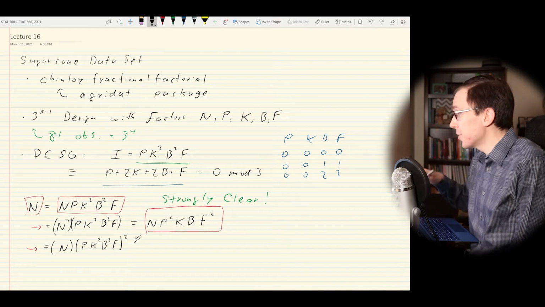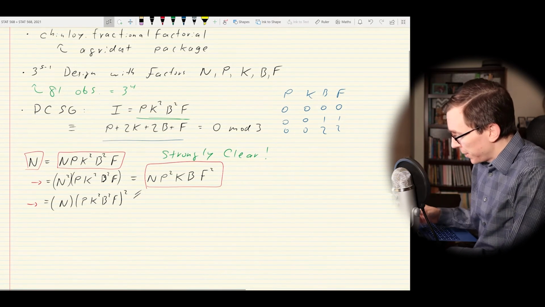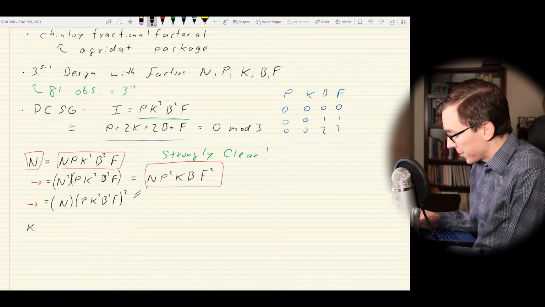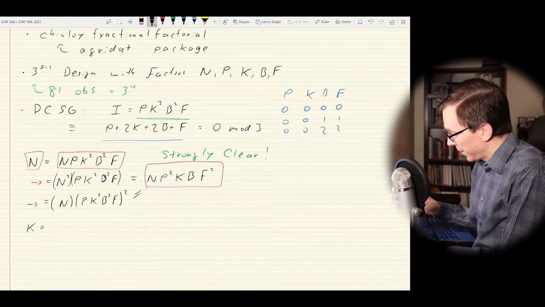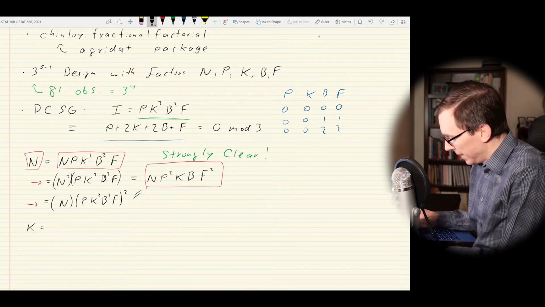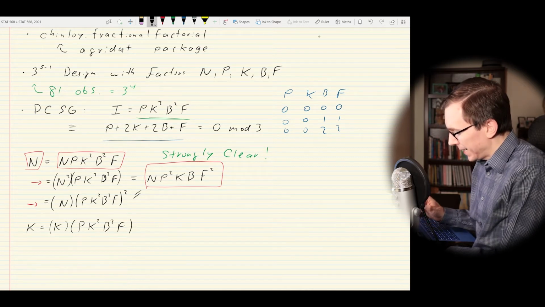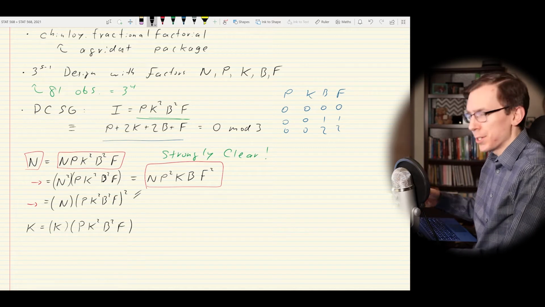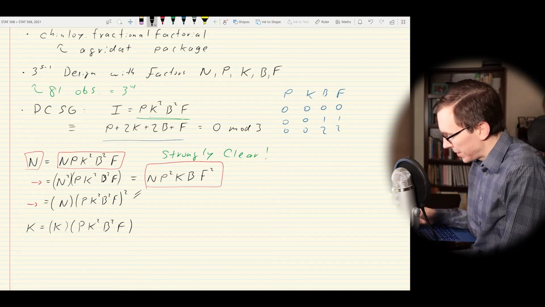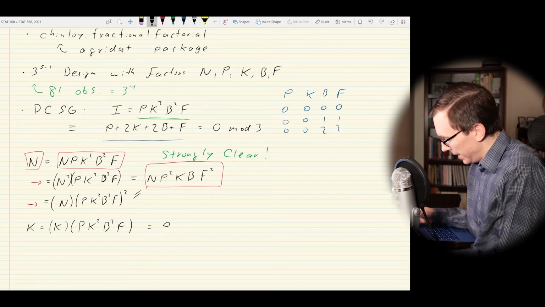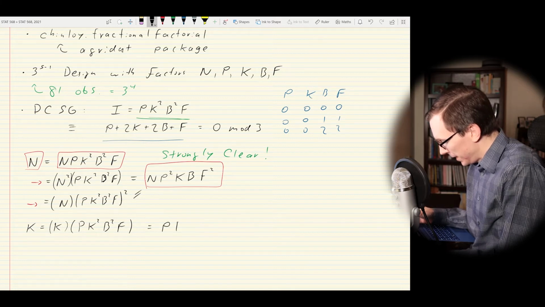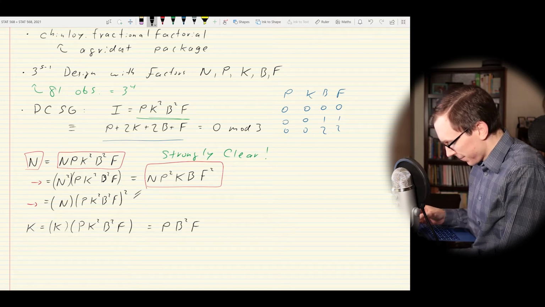On the other hand, just to show in contrast, if we were to figure out what factor k is aliased with, we would have to multiply k by this thing, which is p k squared b squared f. When you multiply k by k squared, you get k cubed. Reducing mod 3 means that vanishes, and we're left with just p b squared f.